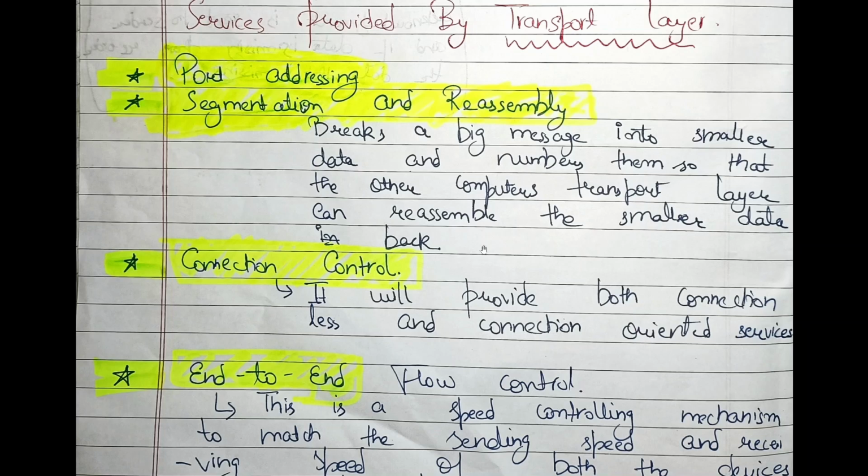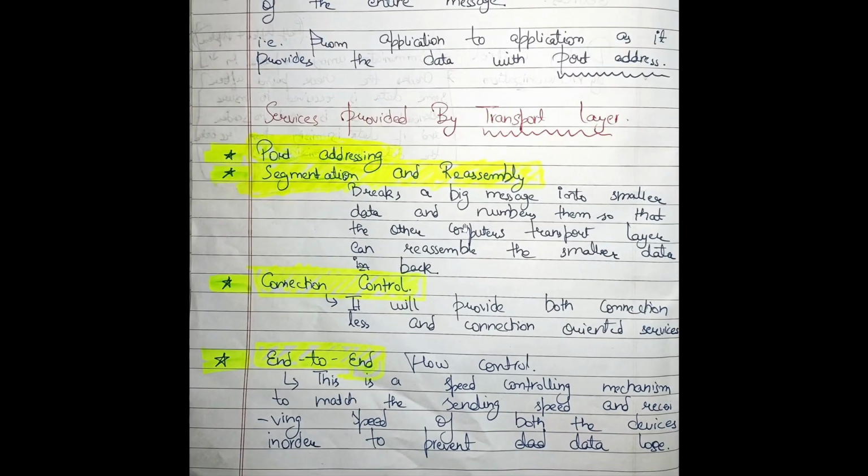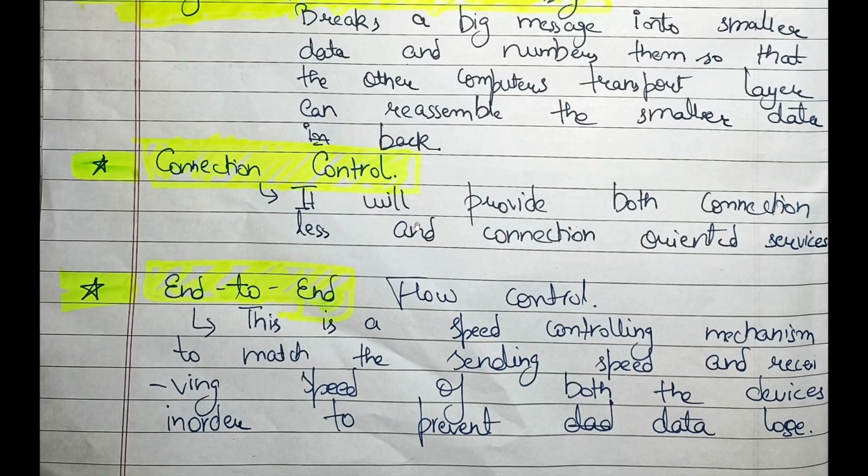Basically whenever you are transmitting some data, it will be provided with a sequence number. So whenever the other computer's transport layer receives it, that layer will rearrange it according to the sequence numbers. Then connection control is another thing that it does. It will provide both connectionless and connection oriented services.